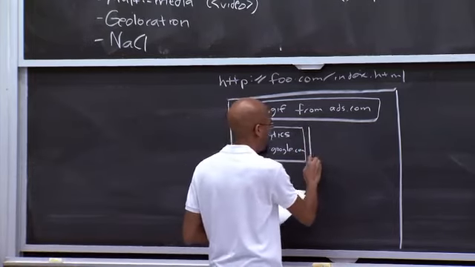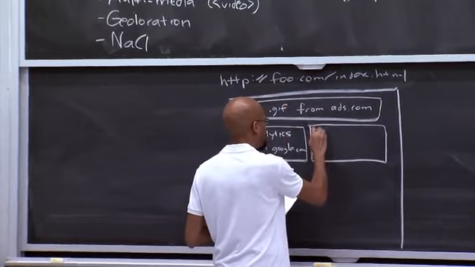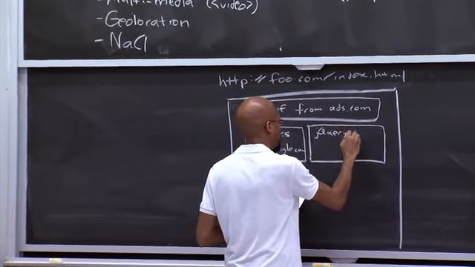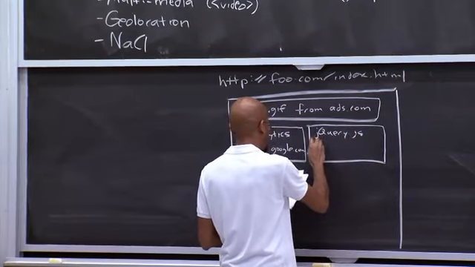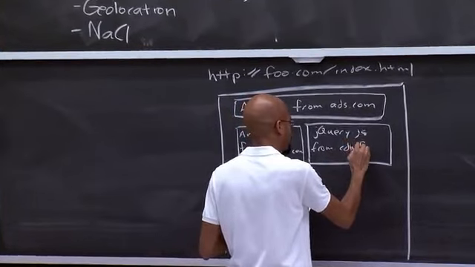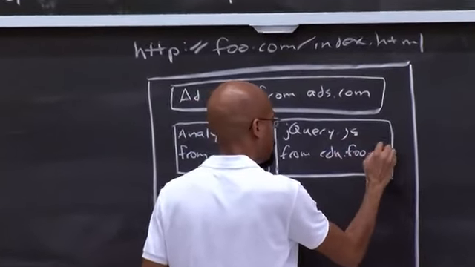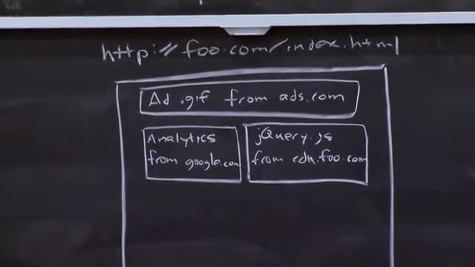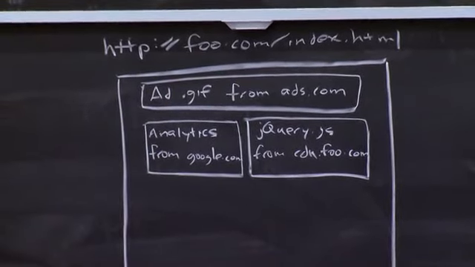And you might also have another JavaScript library. Let's say it's jQuery. And maybe that comes from cdn.foo.com. So some content distribution network that foo.com runs. jQuery is a very popular library for doing things like GUI manipulation, things like that.